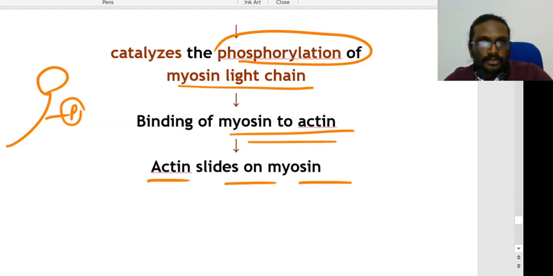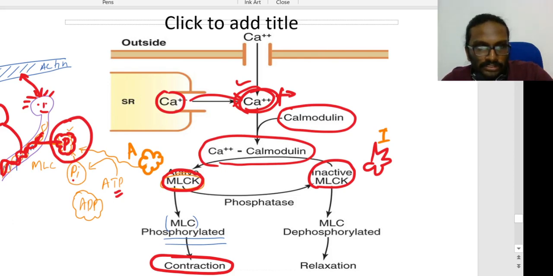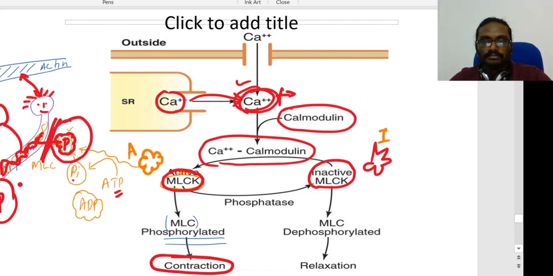Myosin phosphatase is the one that is going to remove this phosphate, and then that means we have relaxation.